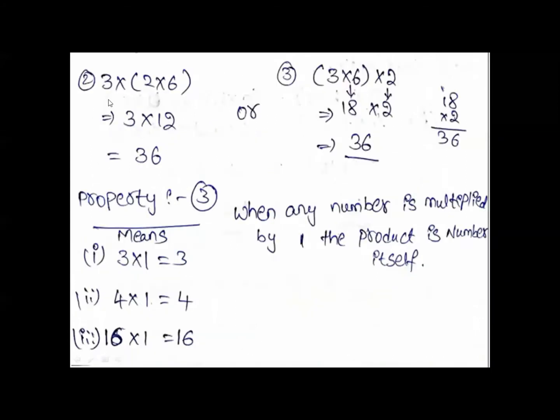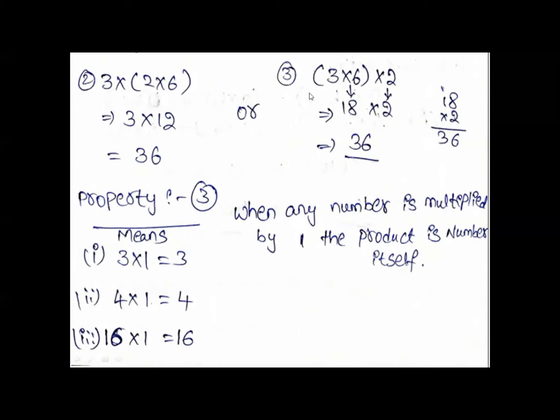See, example 2. 3 into, in brackets, 2 into 6. In brackets see, 6 2s are 12. Write 3 down, same. 3 into 12, how much? 36. 12 3s are 36.